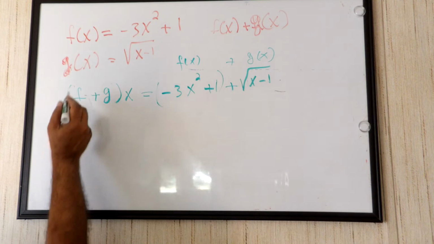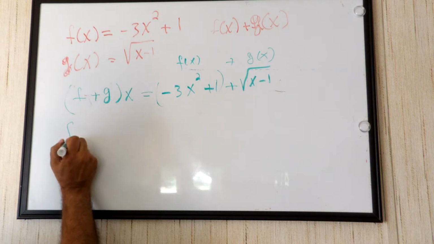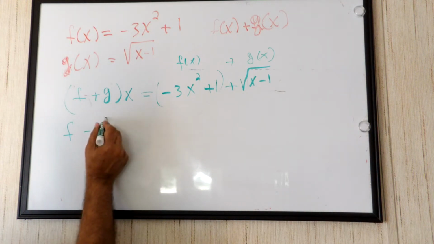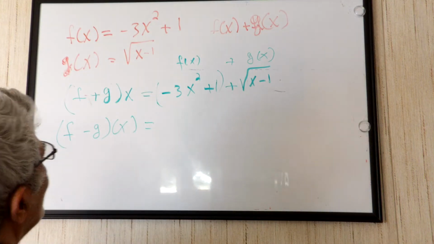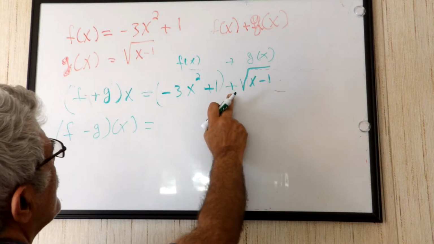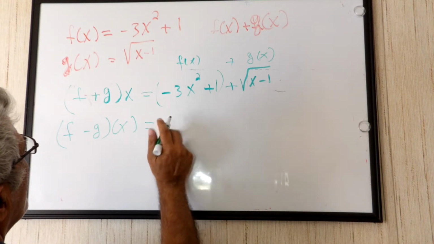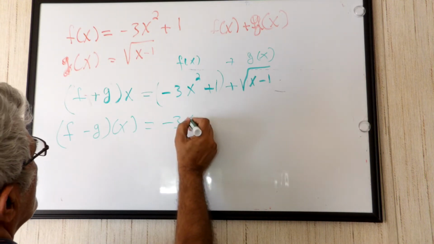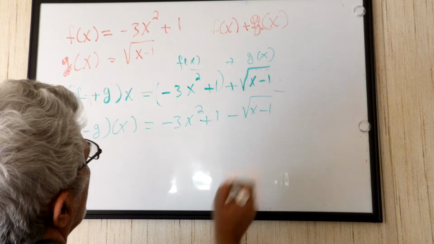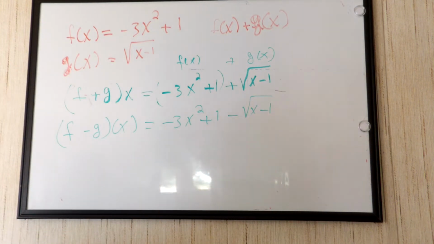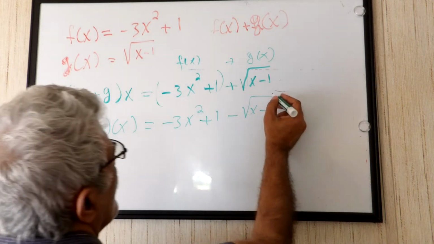The same thing if you write it this way, f minus g as a function of x. Then the negative sign is going to be here: minus 3x squared plus 1 minus the square root of x minus 1.